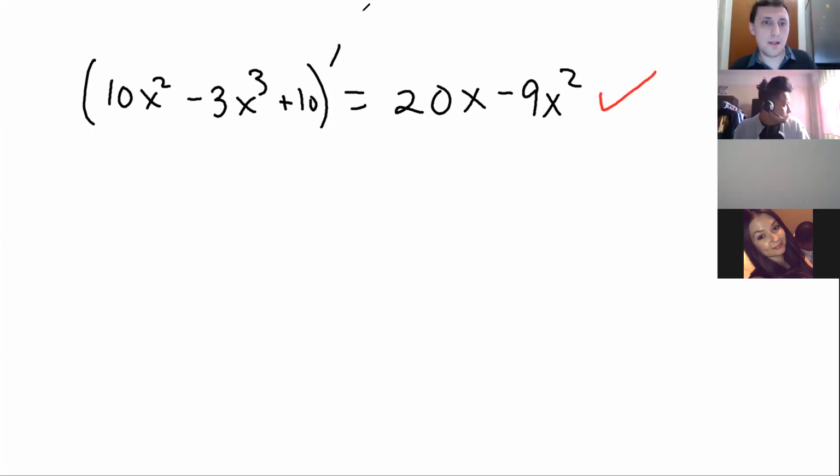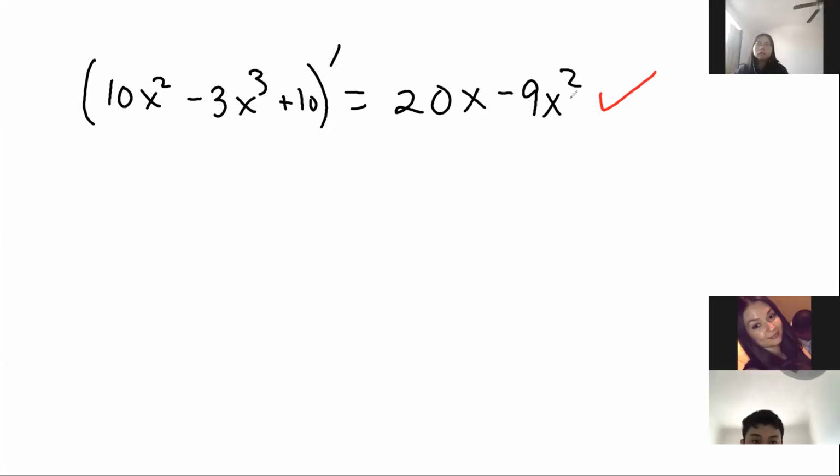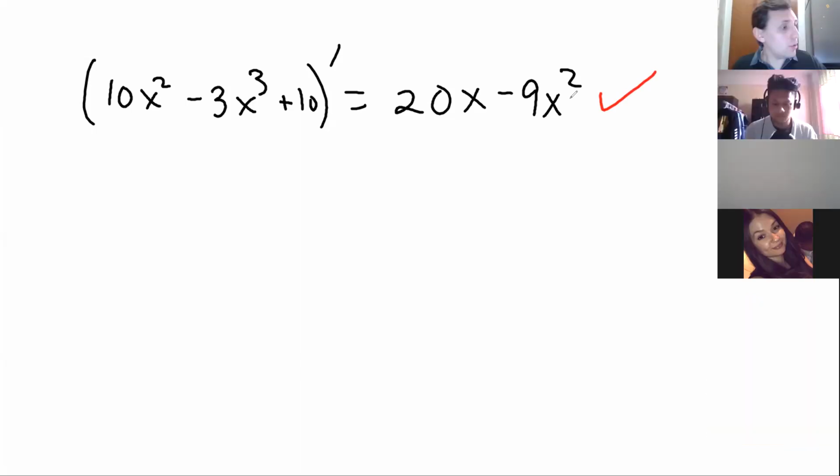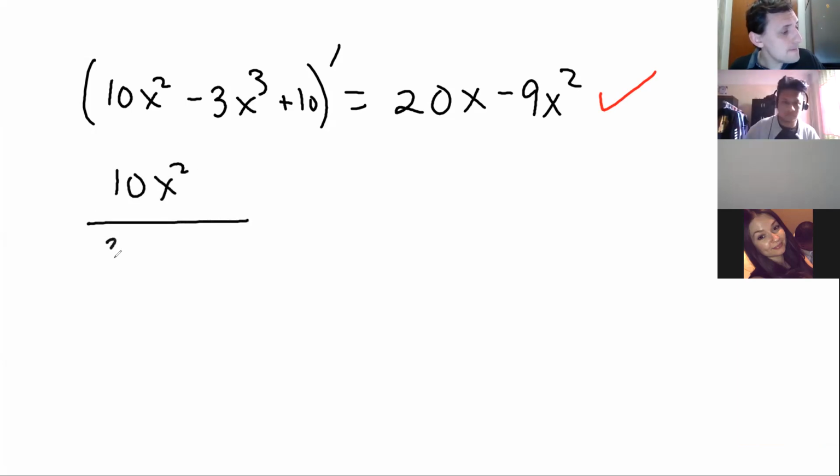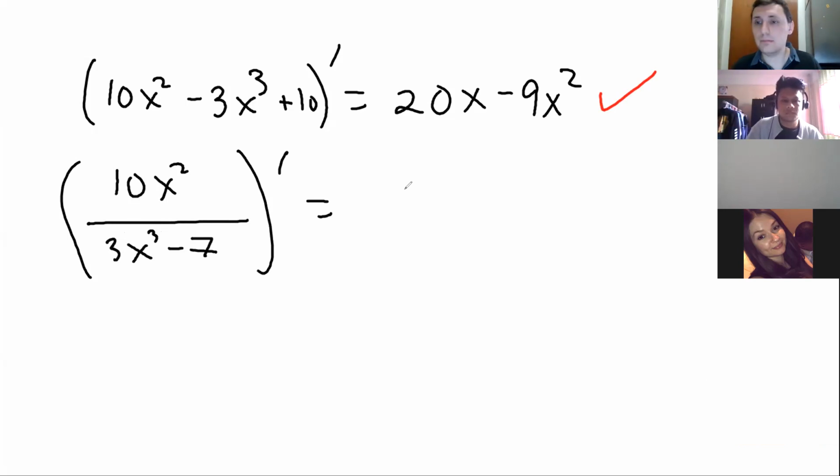Good. Now, guys, what about if I ask you to find, let's say, the derivative of 10x squared divided by 3x cubed minus 7? What would you have written?